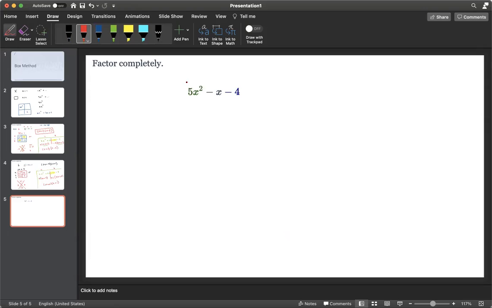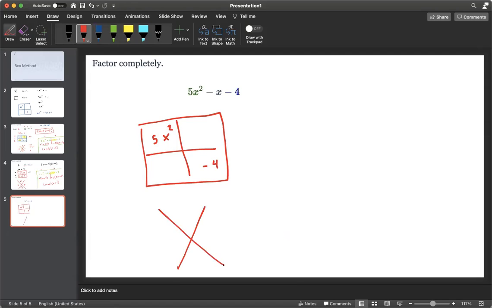Let's do a third example. We draw the box, we fill it in with ax squared and our c. We use our x method to help us find out what goes in those empty spots.